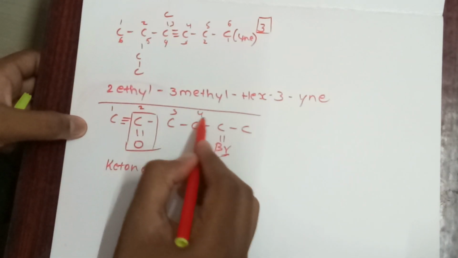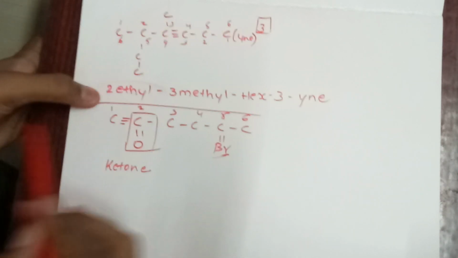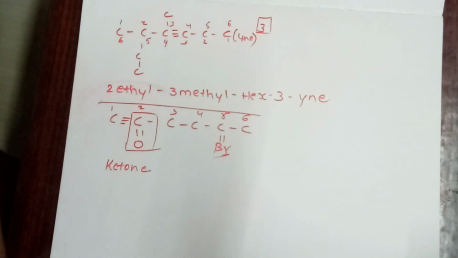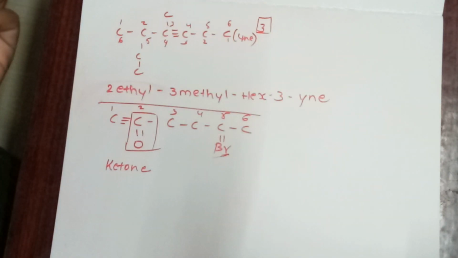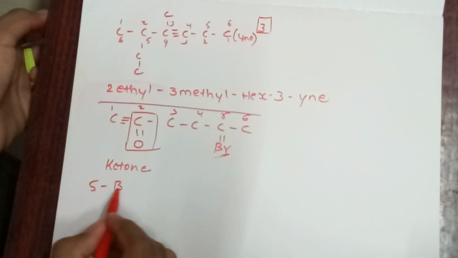1, 2, 3, 4, 5 and 6. Now before everything you have to write the location of this halogen. 5. Which halogen? It's bromine.